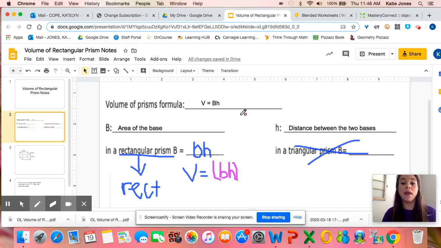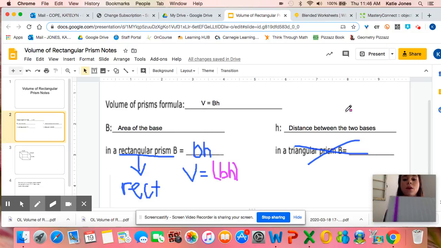All right, and then this other H next to our big B, that is not just the height. We need to refer to that as the distance between the two bases. So like I was explaining, if this is a base, and if this is a base, and if this is a base, then our height, if it was sitting down, would technically be the distance between the two bases.